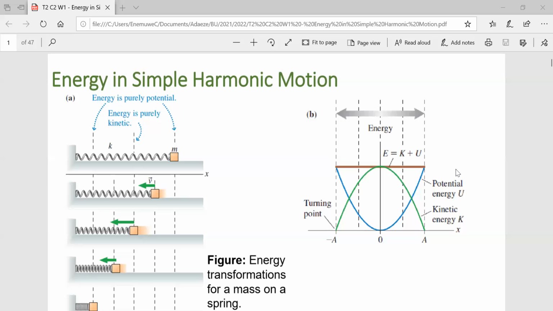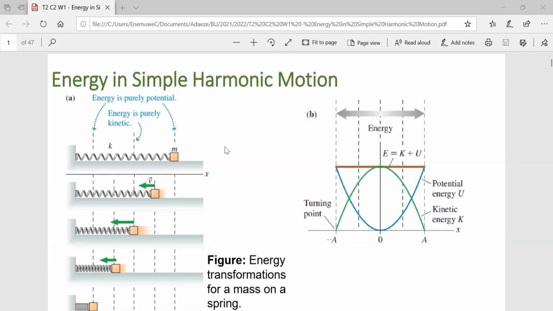So what is actually happening is simply energy transformation on the spring. For example, if simple harmonic motion is the description of the spring like we have it here, we can see a kind of energy transformation going from potential to kinetic, kinetic to potential like that until we have the full circle describing this motion.